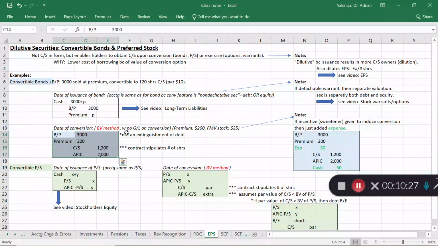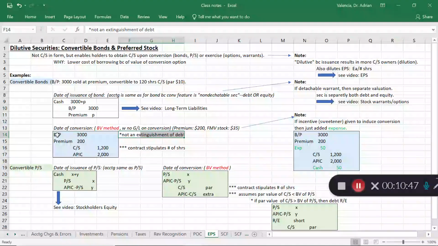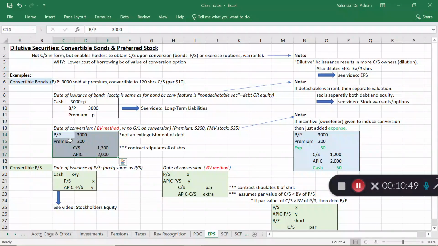Now, under the extinguishment of debt, just to refresh your memory, you would have the same thing that occurs here of reducing the bonds payable and the premium, but I would have a credit to cash, right? I would be crediting cash, and based on the differences, I might have a gain or a loss. But please don't mix these up. That's an extinguishment of debt. This is a conversion of debt to common stock. And notice how here we have no gain or loss, whereas under an extinguishment of debt, you may have a gain or loss.